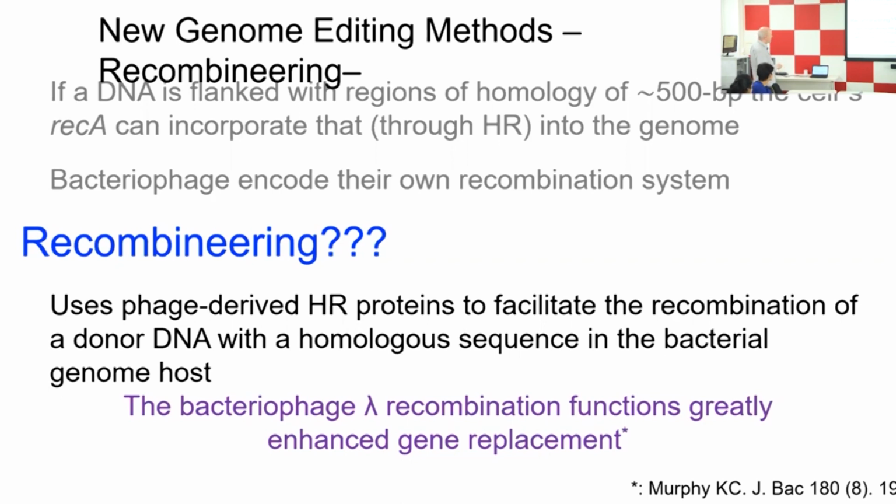Okay, so recombineering, instead of using homologous recombination, uses phage-derived proteins that facilitate homologous recombination in a strain, in a chassis, in a recipient, in such a way that these proteins coming from phages act on much shorter DNA sequences.